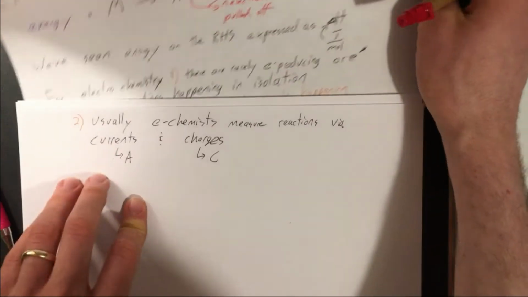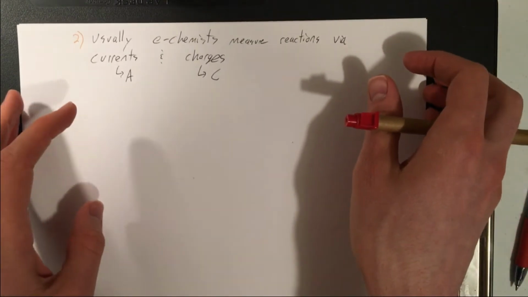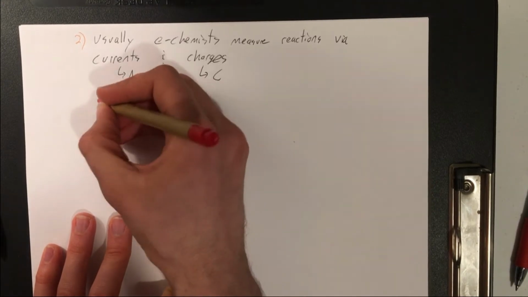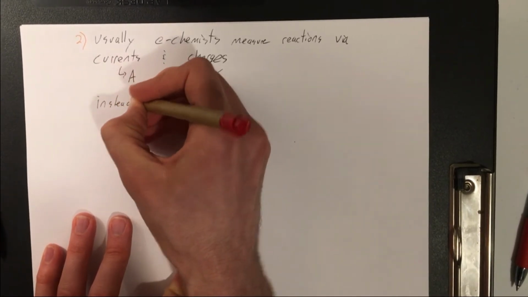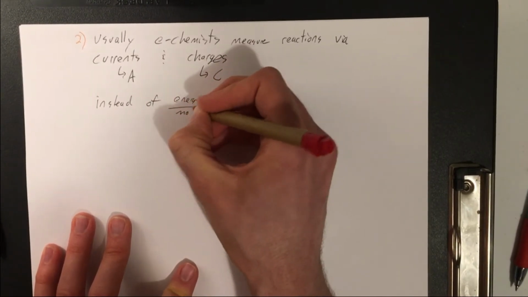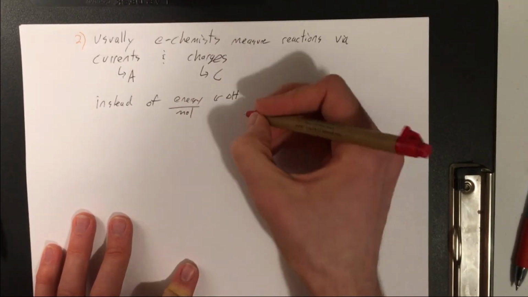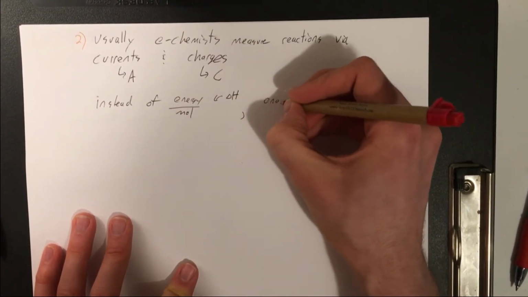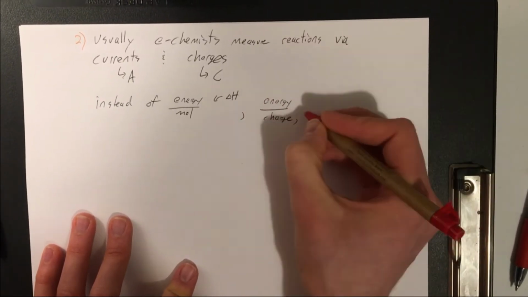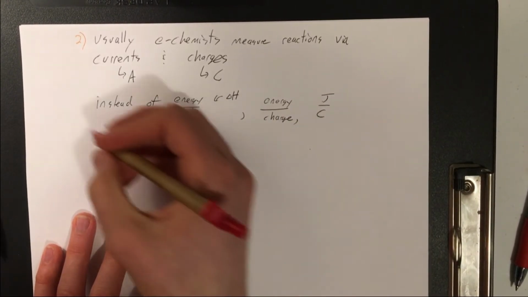So now, question headed your way. If instead of talking about energy per unit mole, like we did for changes in enthalpy, we do energy per charge, that would have units of joules per coulomb.